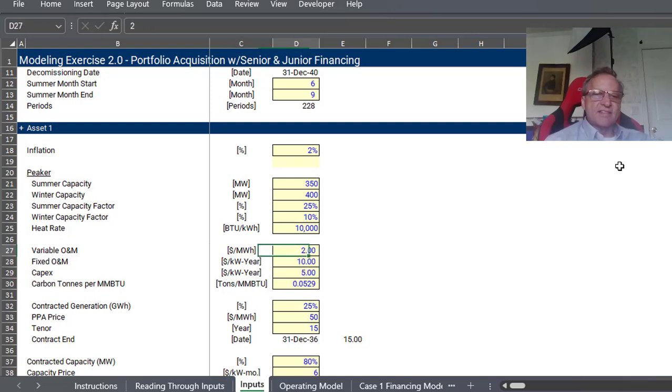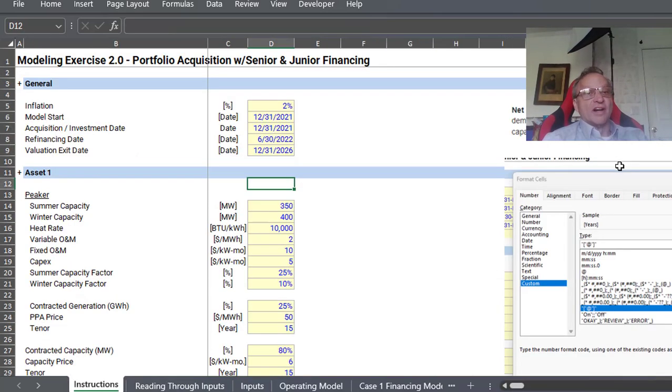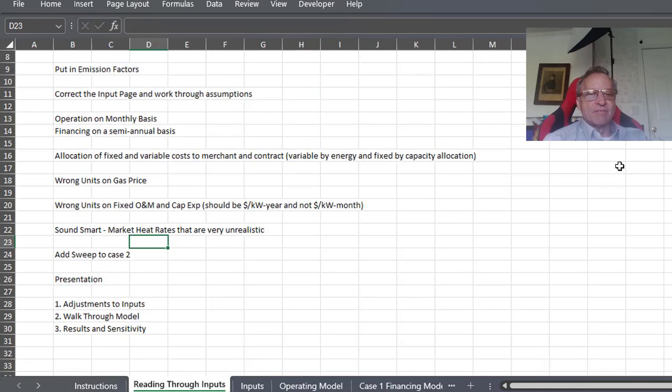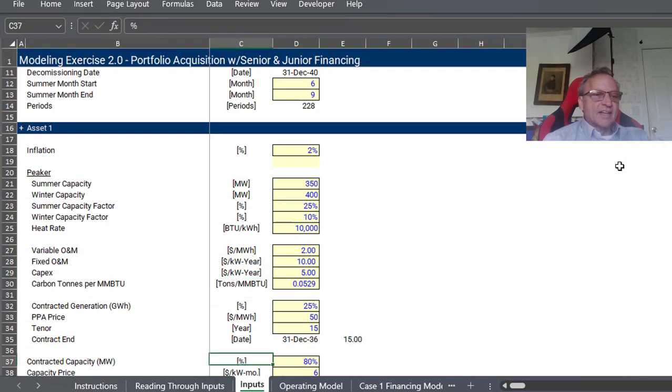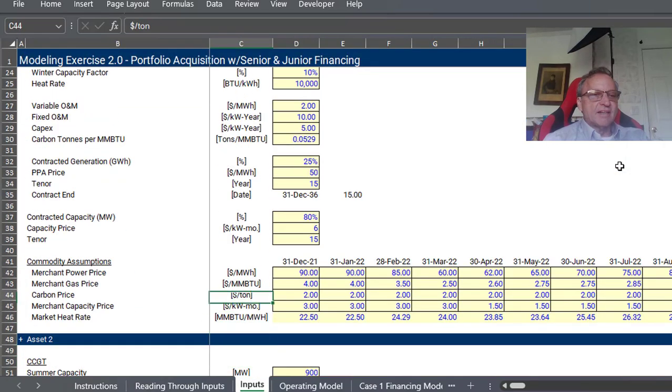When you get to these variables, this is clearly a crazy number. I'm sorry, it was a crazy number because they had per kilowatt month here, and then they have the capacity price down here. Where's the capacity price? $3.